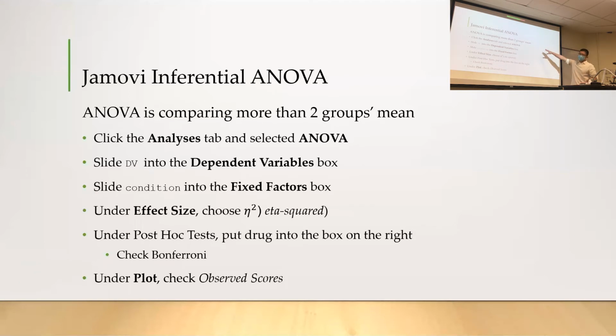Okay, so for ANOVA, for those who don't know, it's an omnibus test, which means it tells you whether there's a difference among the four groups, but it doesn't tell you which group is different from which group. Does that make sense? So let's say we have 3, 7, 5, 5, and ANOVA tells you that there's a difference among the four groups, and the p-value is less than 0.05.